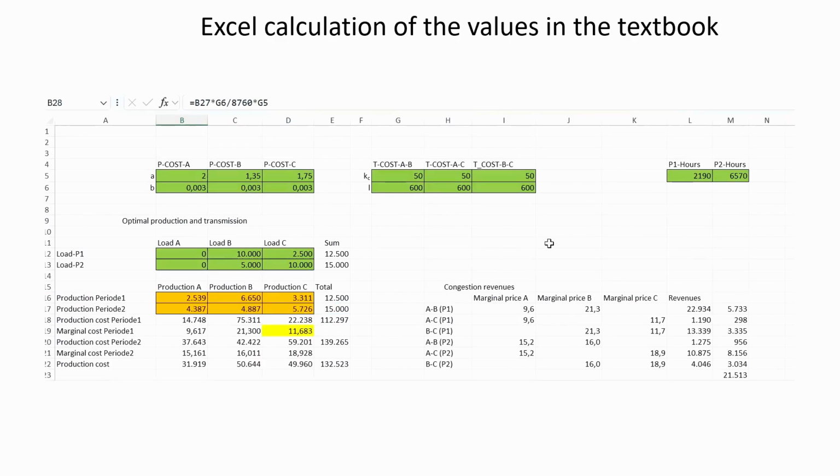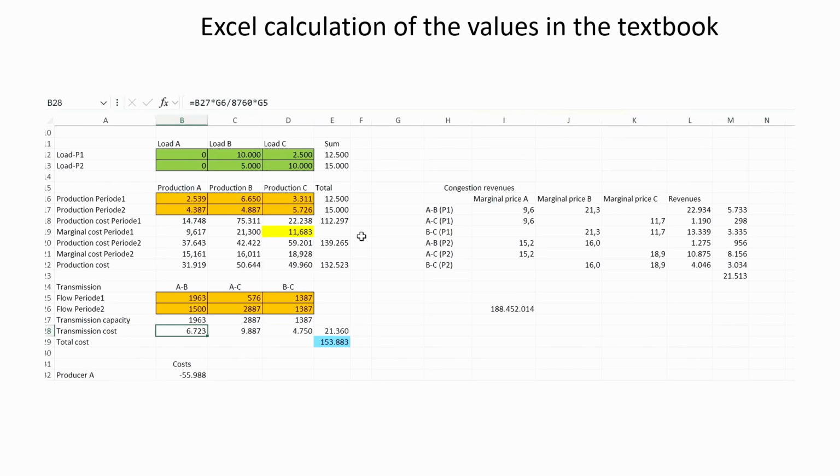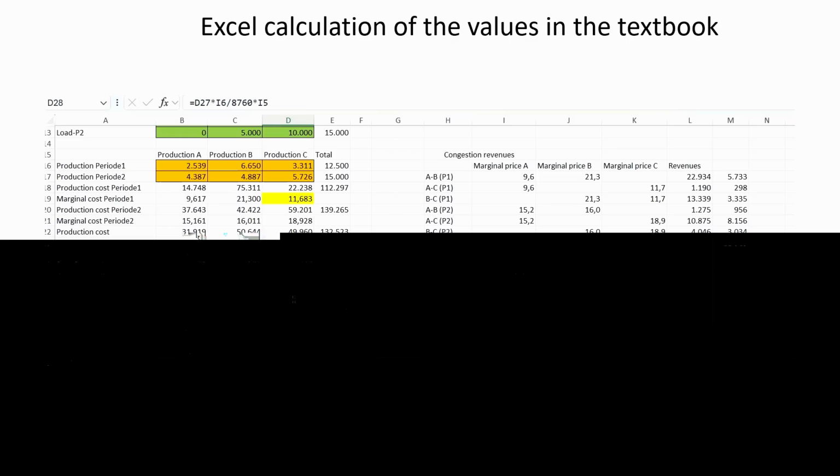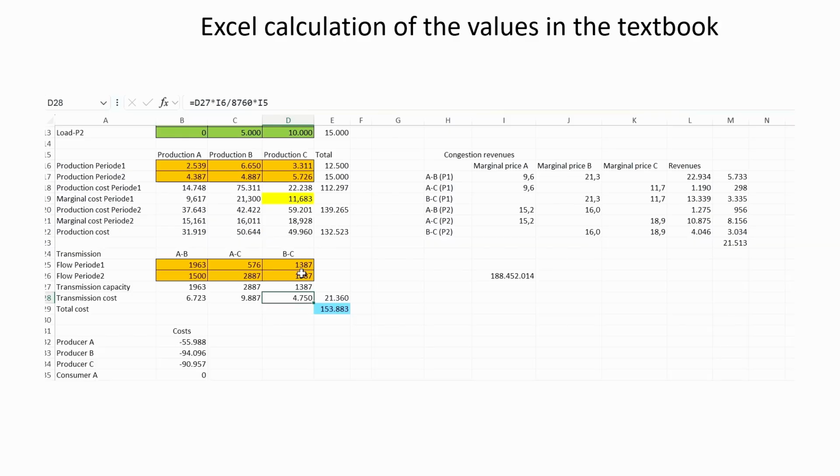it with these costs here, and then we get a per hour cost for the line AB, the per hour cost for line AC, and the per hour cost for line BC. And this here is the total cost for all three lines per hour.